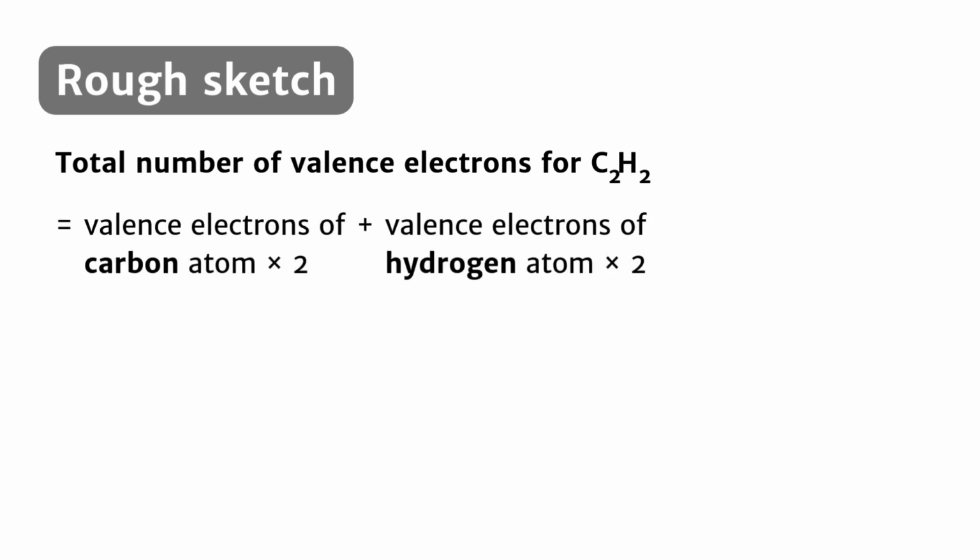Since C2H2 contains 2 carbon atoms and 2 hydrogen atoms, the total number of valence electrons is calculated as 4 multiplied by 2 plus 1 multiplied by 2, which equals 8 plus 2. Therefore, the molecule C2H2 has a total of 10 valence electrons.